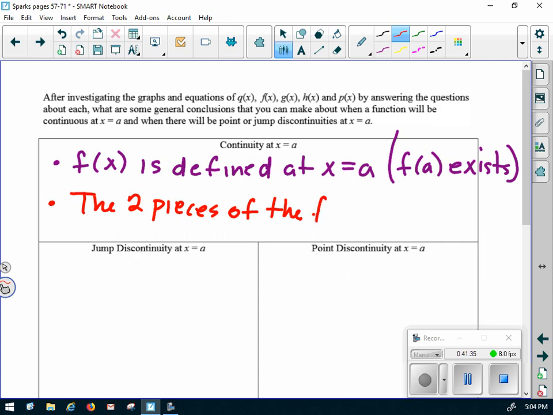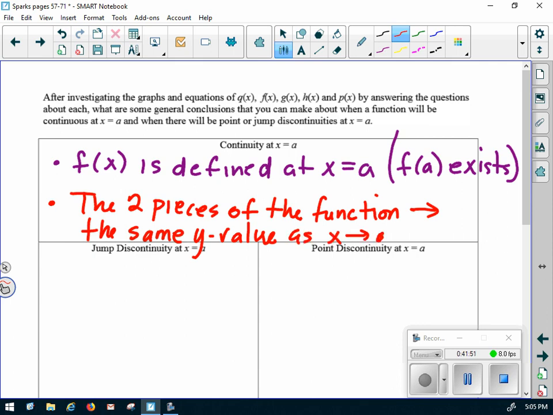The two pieces of the function approach the same y value as x approaches a from the left and from the right.